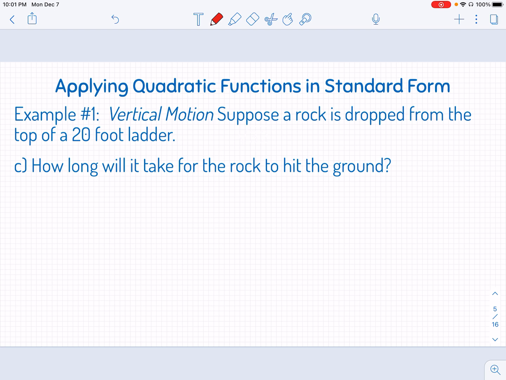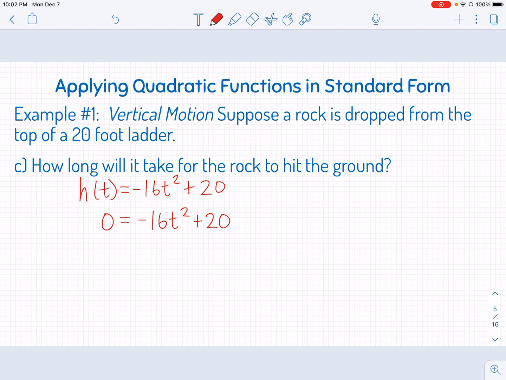This question says, how long will it take for the rock to hit the ground? So the rock hits the ground when the height is 0. So rather than h of t, I'm going to replace that with a 0. Now you could solve using a bunch of different methods we learned.